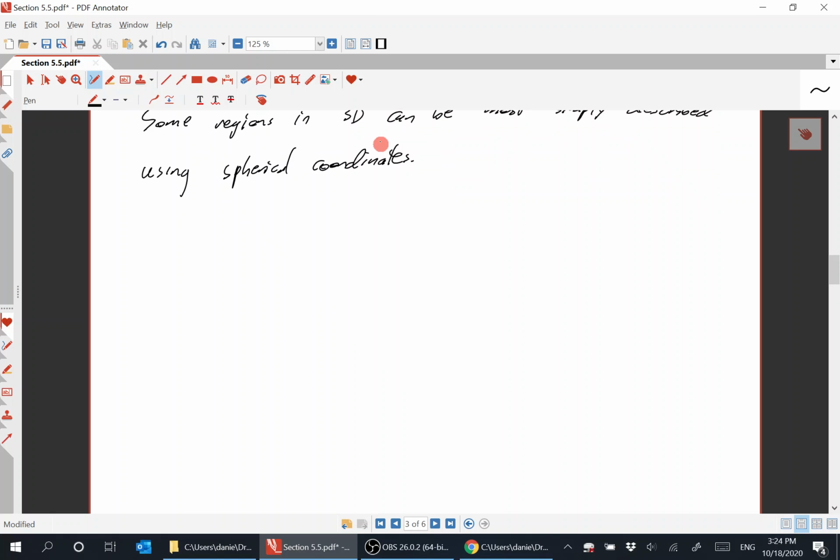So in case you're not quite remembering, in spherical coordinates, x is equal to rho cosine theta sine phi. y is equal to rho sine theta sine phi. And z was equal to rho cosine phi.